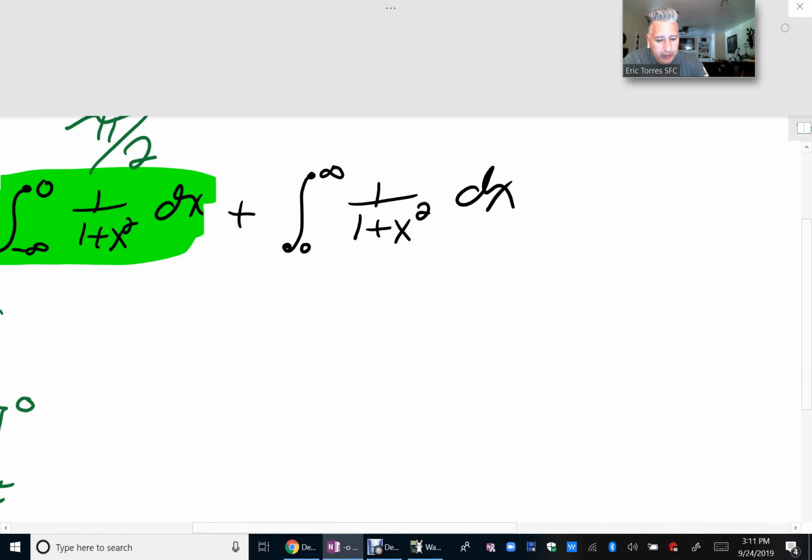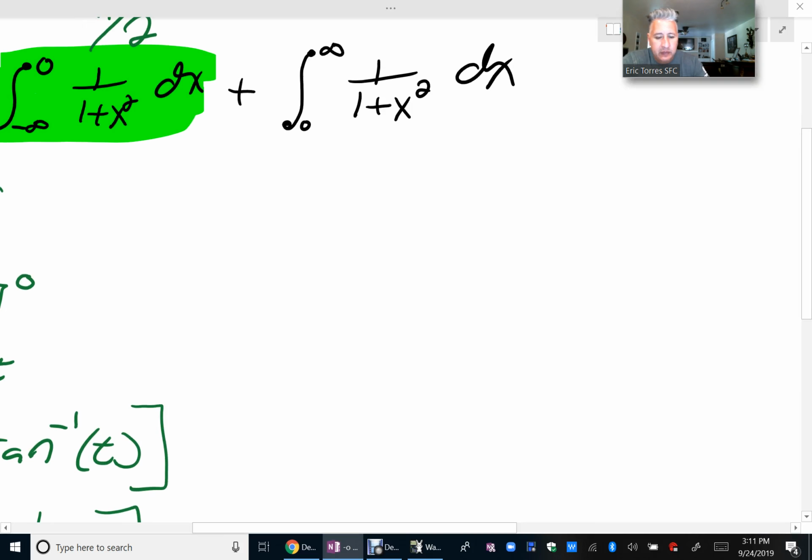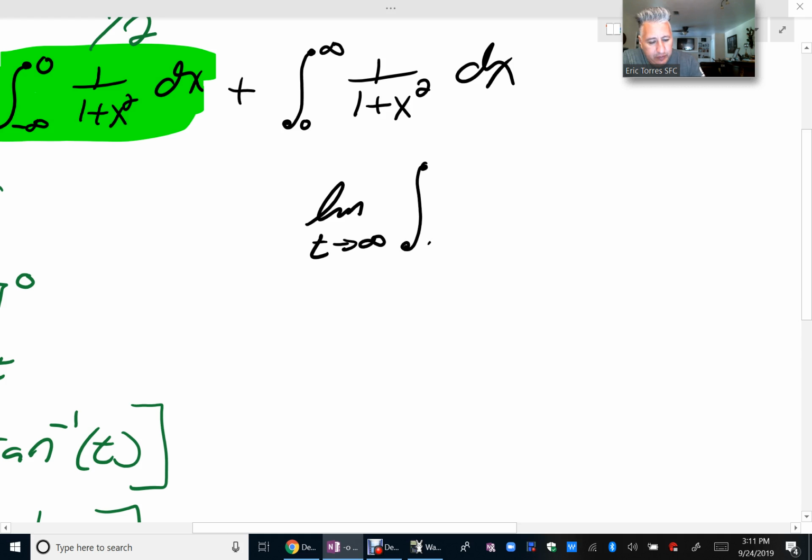Let me get a black pen. And so I'm going to find the limit as t goes to infinity of the integral from 0 to t of 1 over 1 plus x squared dx.